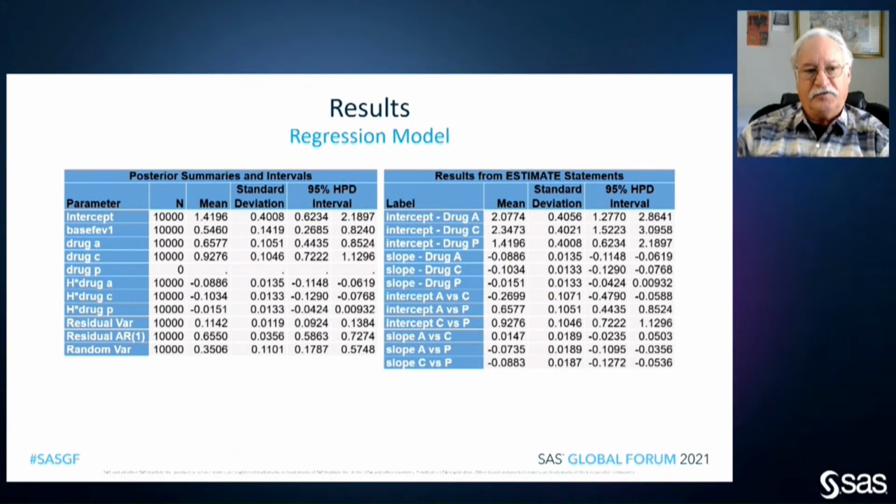The other way to look at this is with the regression model. The left-hand side shows the raw estimates. On the right-hand side, we see the estimates that we're probably actually interested in. If you look at intercept drug A and slope drug A, that gives you the linear regression for drug A, 2.08 minus about 0.09 times hour.